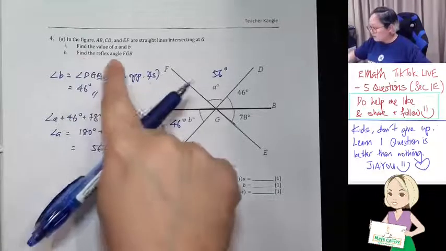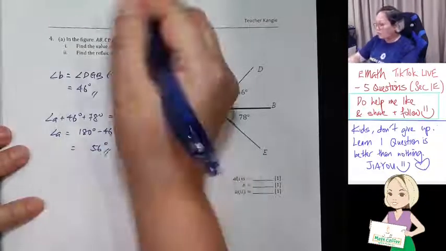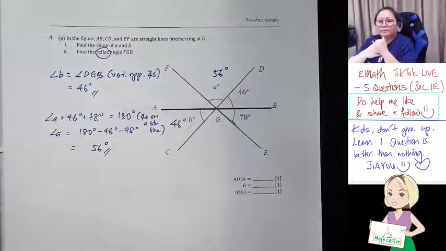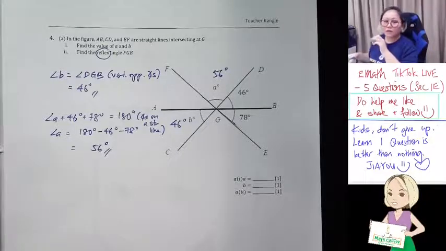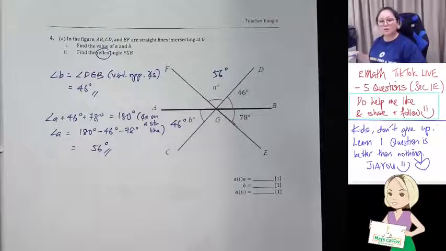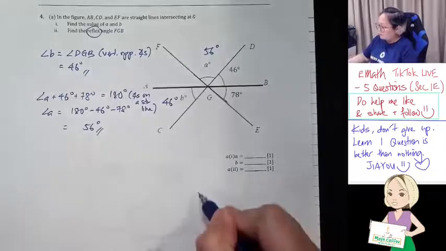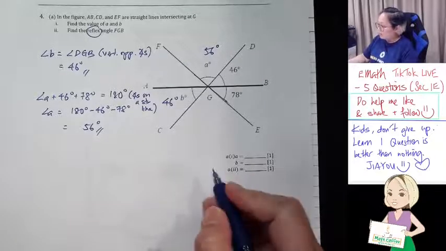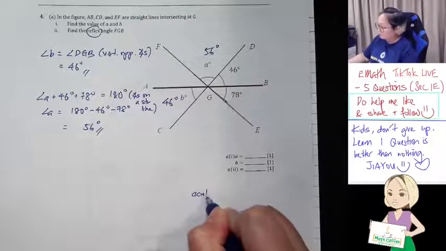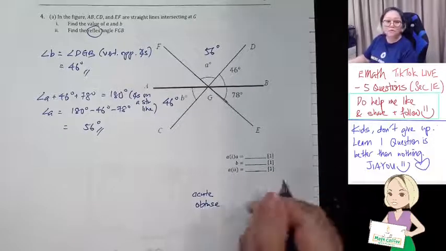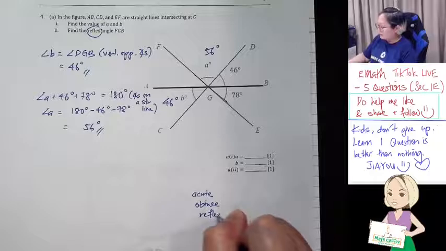Okay, next, find the reflex angle FGB. So kids, what is the meaning of reflex? This is Sec 1 express. Normal acad also can listen because some of the questions normal acad also do. So the question is, what is reflex? You need to know 3 types of angle. You have acute, you have obtuse, and you have reflex angle.